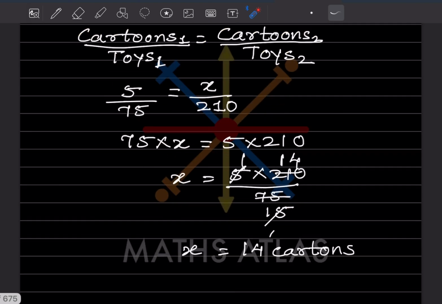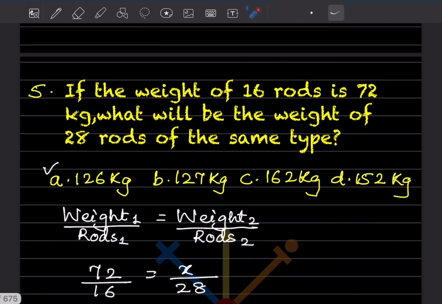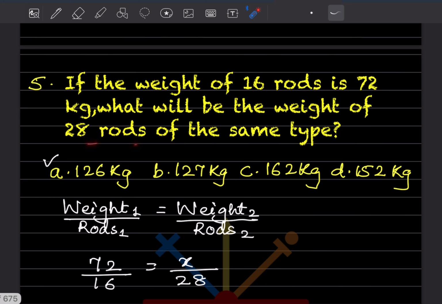So this is 14. If the weight of 16 rods is 72 kg, what will be the weight of 28 rods of the same type? Again the weight and the number of rods are given. So weight 1 divided by rods 1 is equal to weight 2 divided by rods 2. This is 72 and 16 rods.